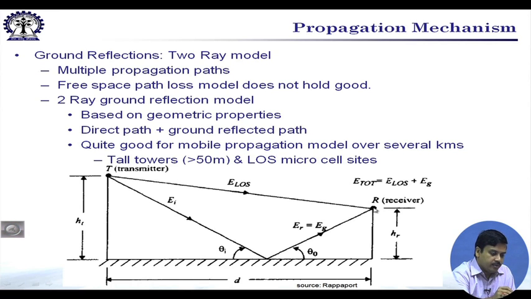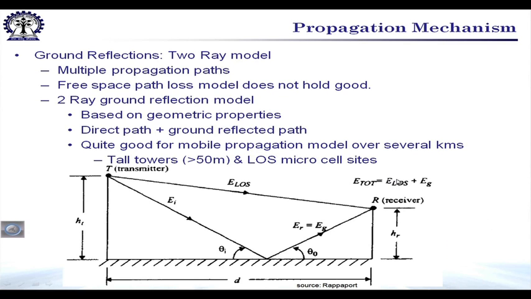The electric field due to line of sight can be calculated, and the electric field due to the ground reflected ray can be calculated. The total signal strength at the receiver, or the total E field, would be the vectorial addition of the line of sight as well as the ground reflected ray.